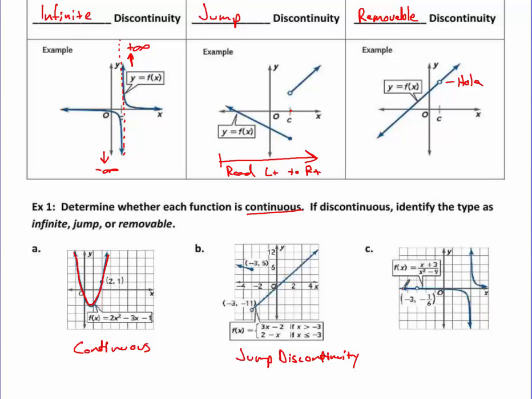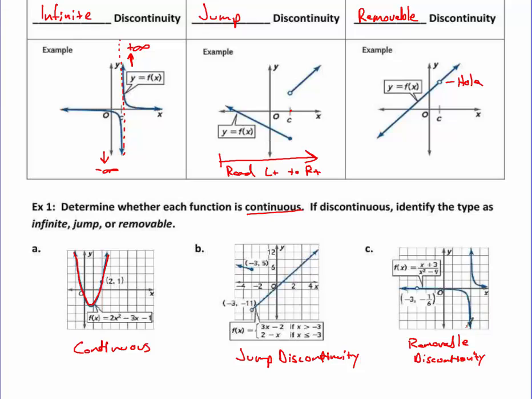And then when I look at this graph, I can move along from left to right, and I get to here, and what's wrong? I have a little hole, right? So this has a removable discontinuity. But you see, as I get to here, I keep going, I go straight down. And I'm going down to negative infinity.